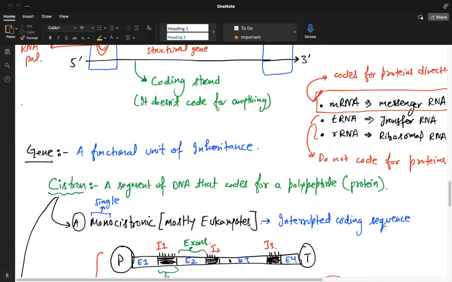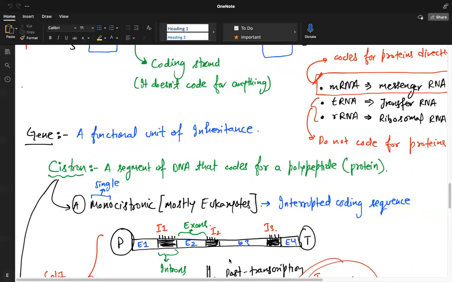So we have two types of cistron. One is monocistron, which is a single cistron. It is present in most of the eukaryotes. It has an interrupted coding sequence, like there will be exon, intron, exon, intron.